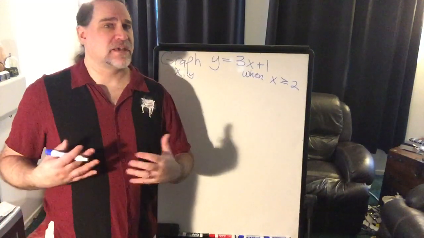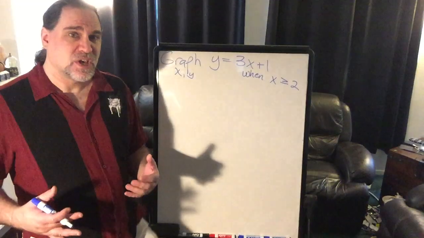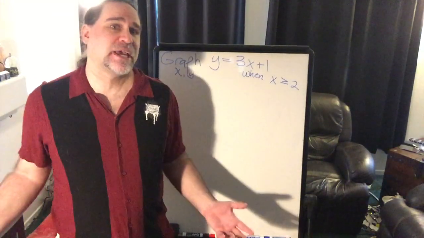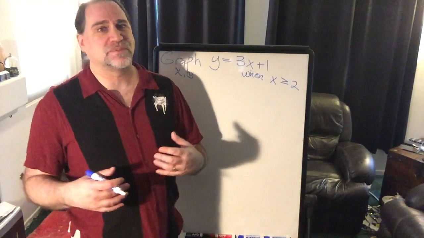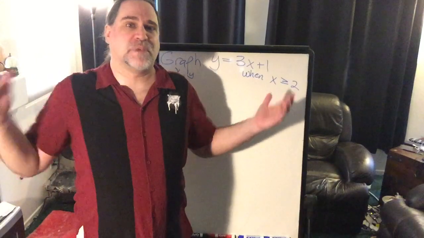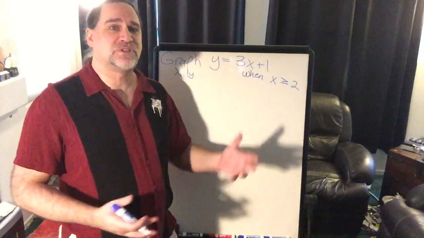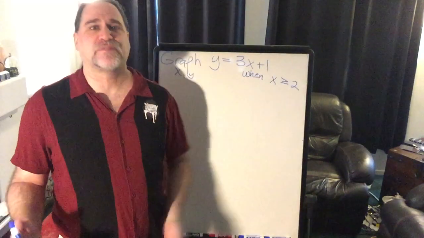Okay? And again, there's lots of situations where this will happen. Sometimes this is because if it's less than 2, we just don't care. Like you're looking at some kind of growth, or some kind of financial situation, or maybe you're into fantasy football and your team only wins if he scores 2 or more points. I don't know. Just throwing things out there that I can think of off the top of my head.